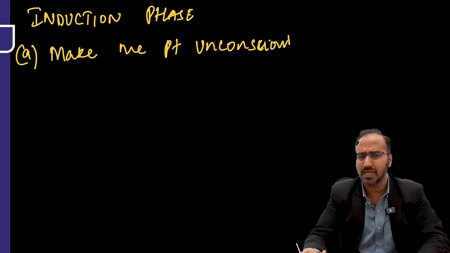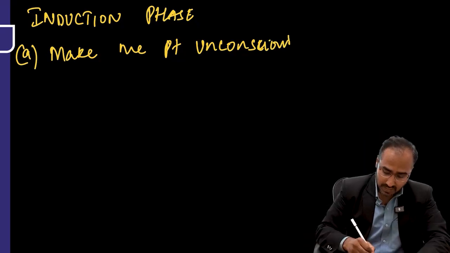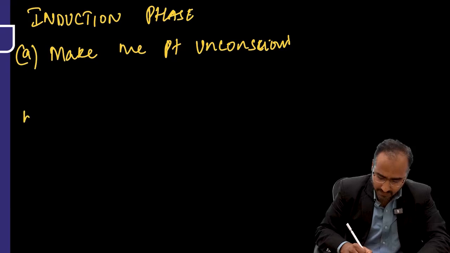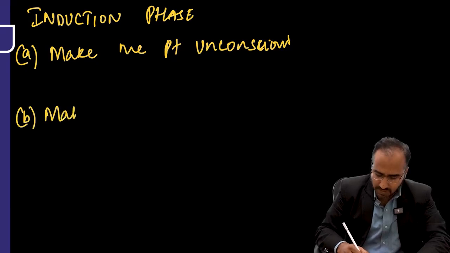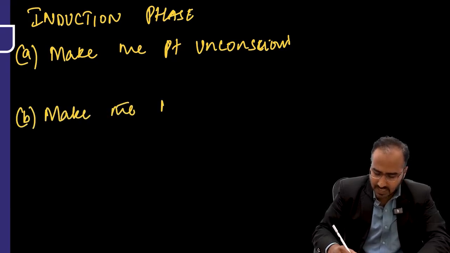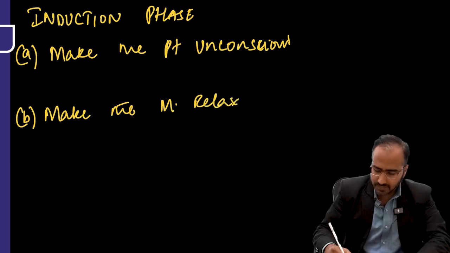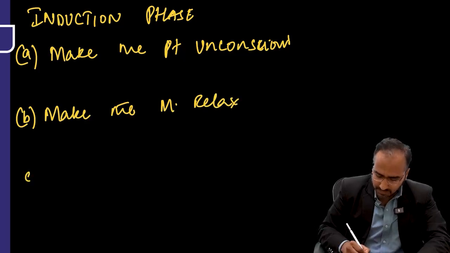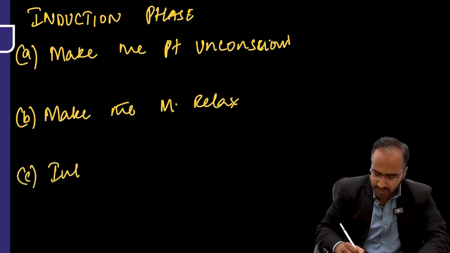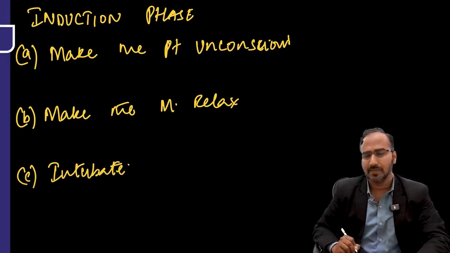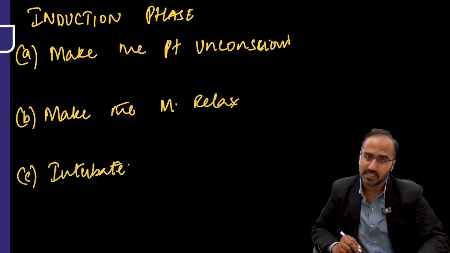Basically, general anesthesia is making the patient unconscious. The second aim is that I should make the muscles relax. And the third aim is that I should intubate the patient. That is the induction phase.